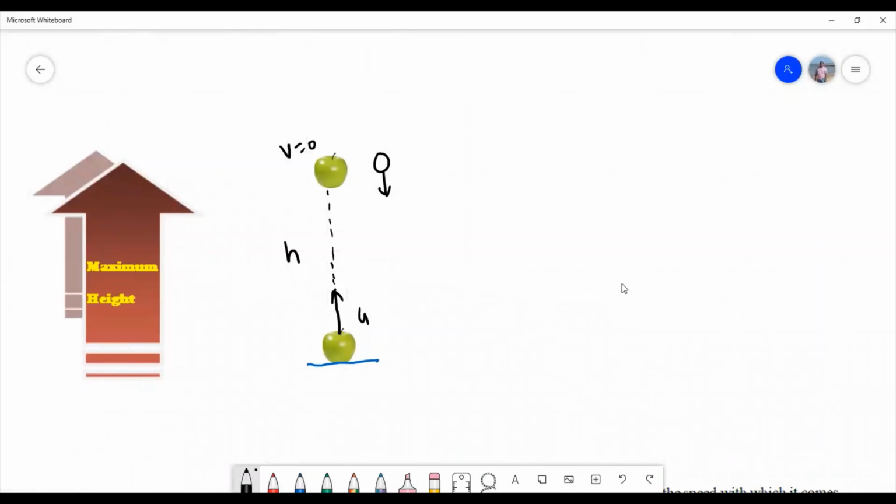Let's use this equation of motion: v square minus u square is equal to 2as. In this case, the final velocity is 0, the body is projected with velocity u, and the body is going against gravity. This is the direction of gravity, and this is going up, so opposite, so 2 times minus g. And the displacement covered is h.